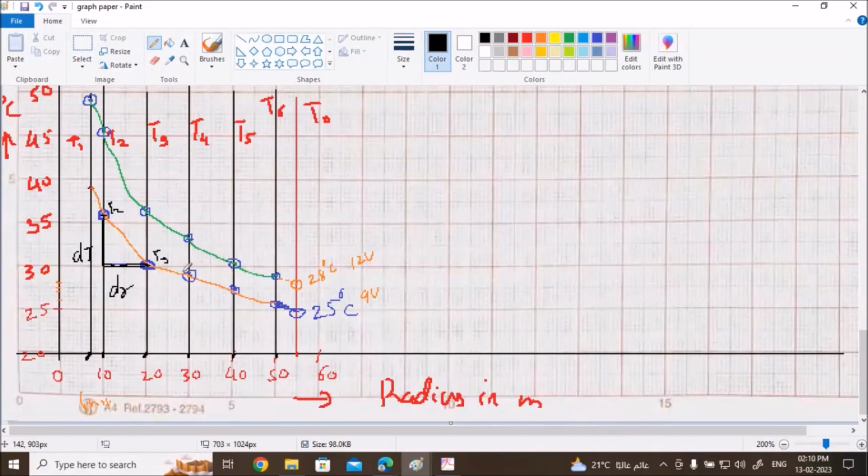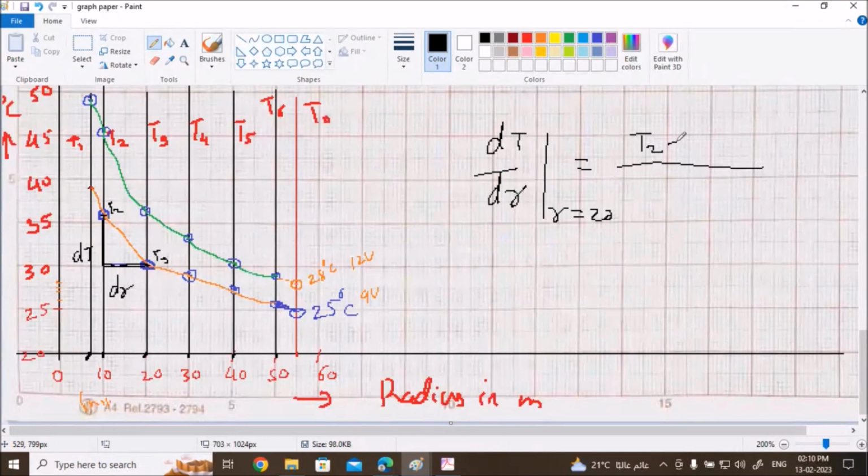So dt by dr at radius 20 is equal to T2 minus T3 divided by ln 20 minus ln 10. So similarly you can draw for here and here.